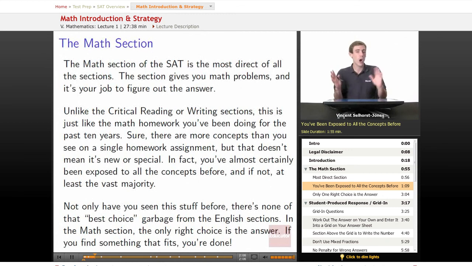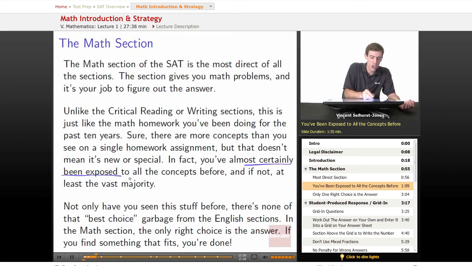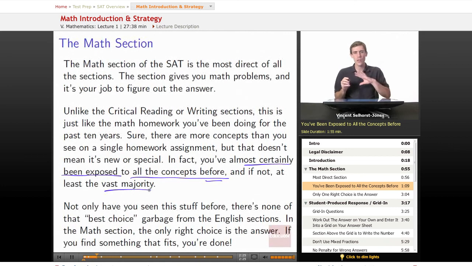And yeah, okay, there are more concepts on this than you're going to have in any one homework assignment, but that doesn't mean that these concepts are special, that they're any different from the concepts you've already been used to. So you've almost certainly been exposed to all the concepts before. And if you haven't, at least the vast majority. So don't think that just because there's a lot of things on the test, it means you haven't already done probably all of them.